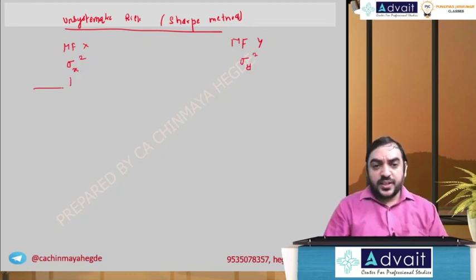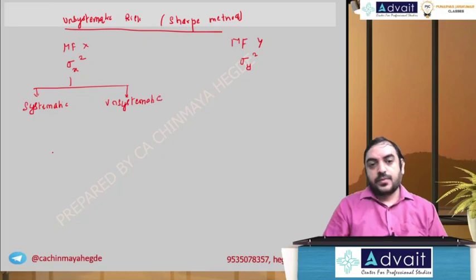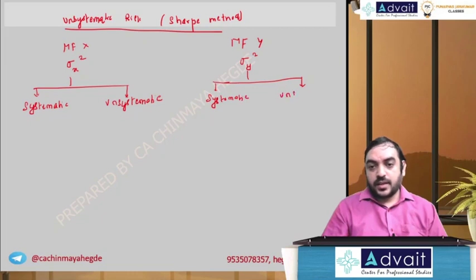This will be divided into two parts, that is systematic and unsystematic, and this also I'll just write the same chart. Systematic and unsystematic.